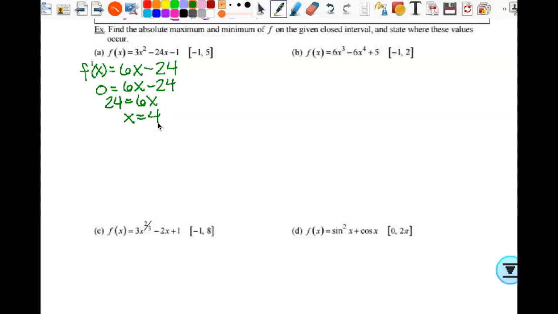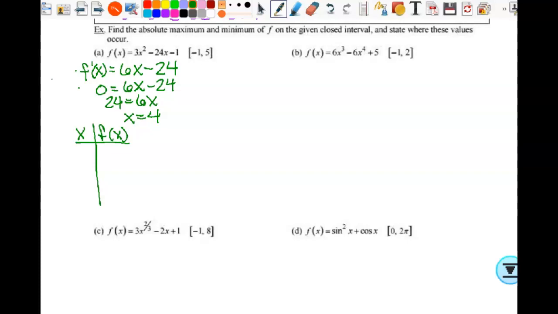Okay. This is called the candidates test because we have the candidates for what can actually be our maximum points. So we're going to make a little t-chart here. Notice that we found the derivative, but this t-chart is x and f of x. Setting the derivative equal to 0 gives us one of the candidates. Two of the candidates are always the endpoints.